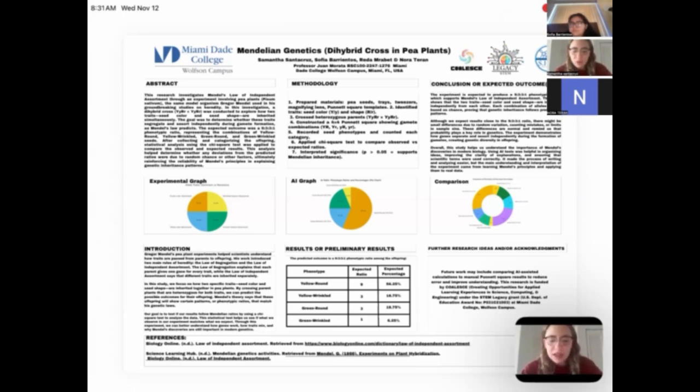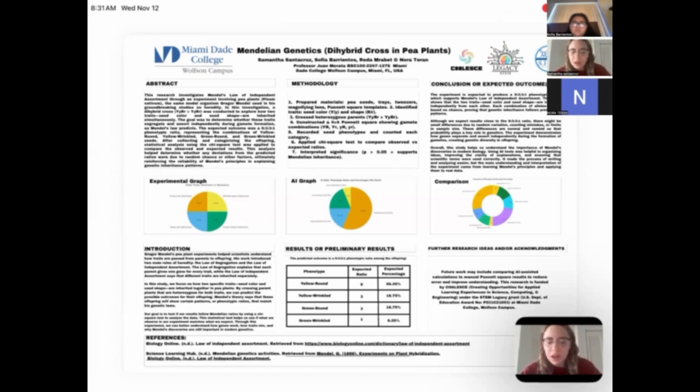In this study, we focus on how two specific traits, seed color and seed shape, are inherited together in pea plants. By crossing parent plants that are heterozygous for both traits, we can predict the possible outcomes for their offspring.